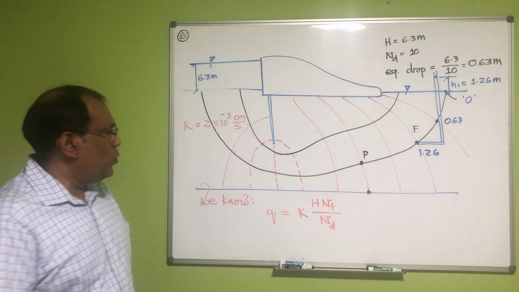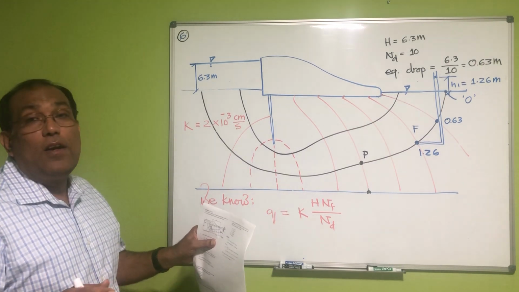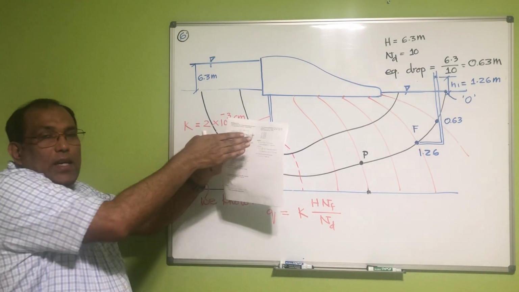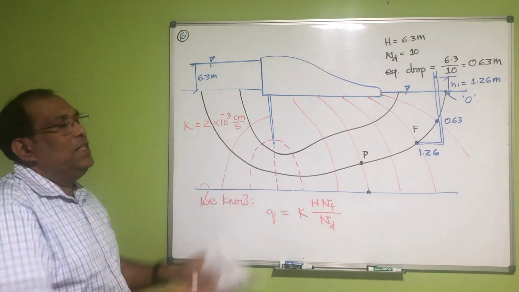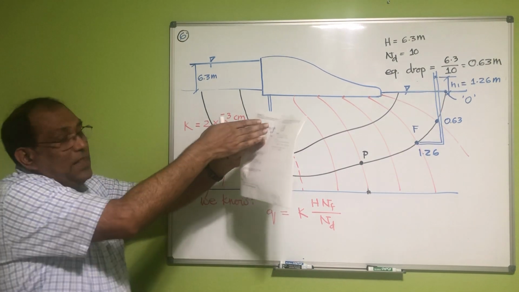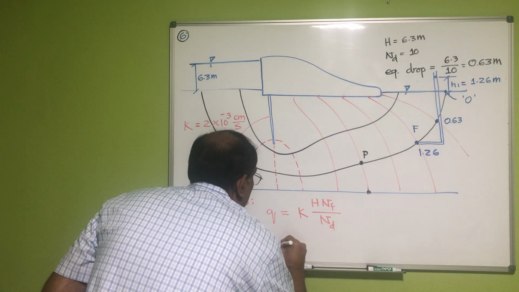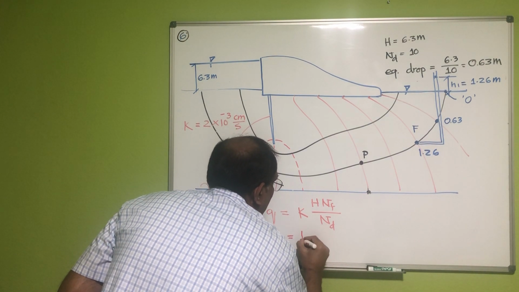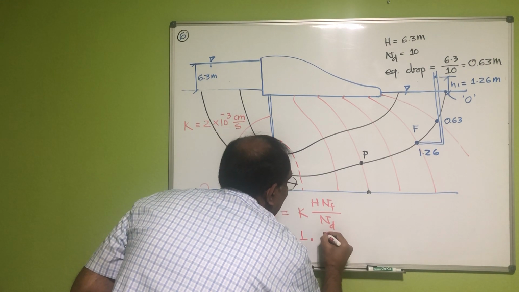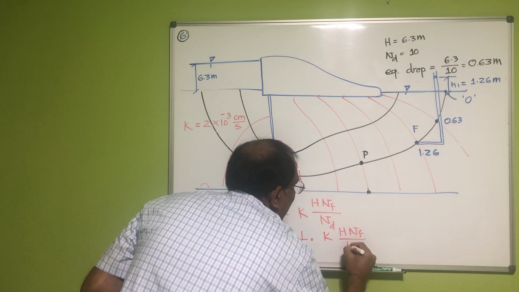And this one will give you Q, that's actually the volume of water that passes per time through 1 feet in this way. If you multiply, you know that this one is actually 5 meters in this way. So if you want to get the total Q here, then you have to multiply that one with L into K into H and NF by ND.